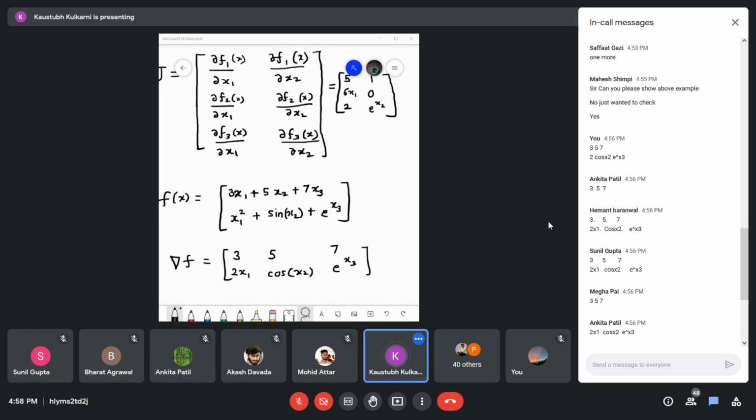There are different cases that can happen with a matrix. We can think of the gradient as taking the derivative of f with respect to a vector.